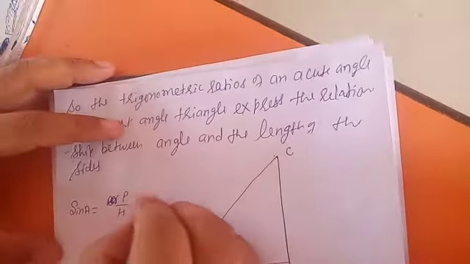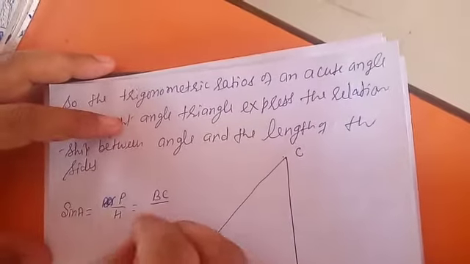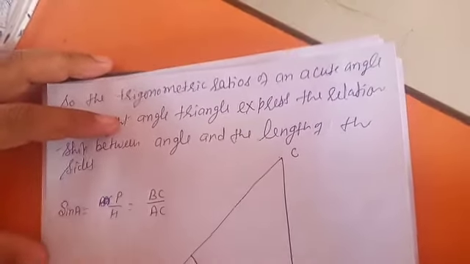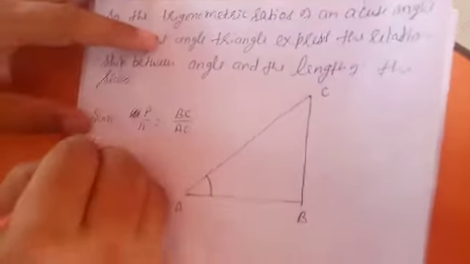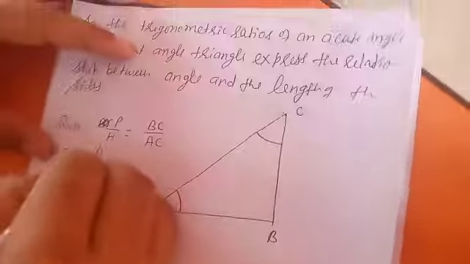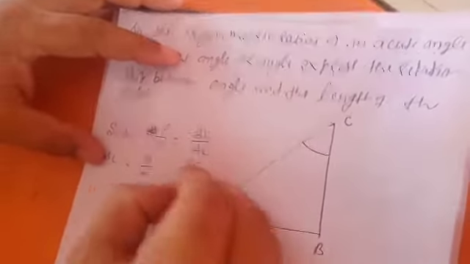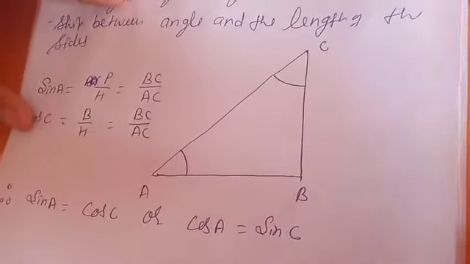Opposite to this, BC by AC. What's your cos of C? If this is C, what's base? BC is base. Base by hypotenuse, BC by AC. Therefore, sine of A is equal to cos of C, or cos of A is equal to sin of C.